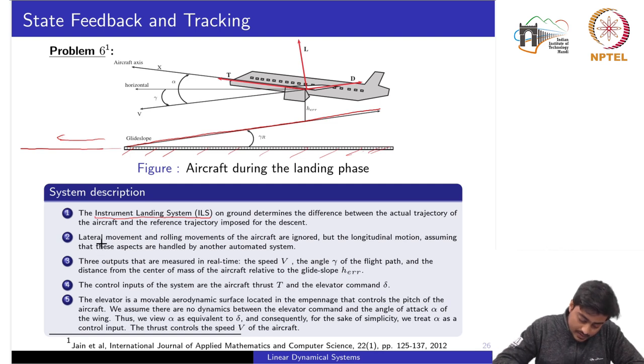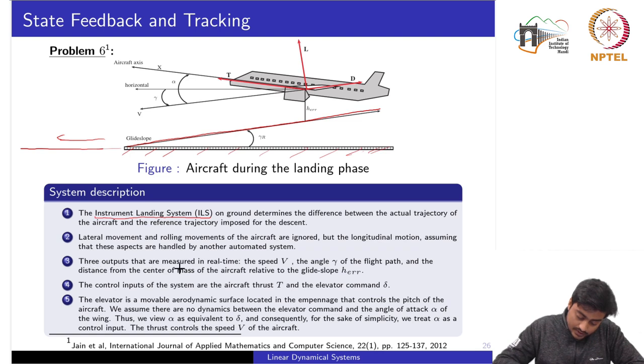Now in this system description, we have not taken the lateral and the rolling movements of the aircraft, but we are only concerned with the longitudinal motion, assuming that the lateral movement and the rolling movements are being handled by another automated system.